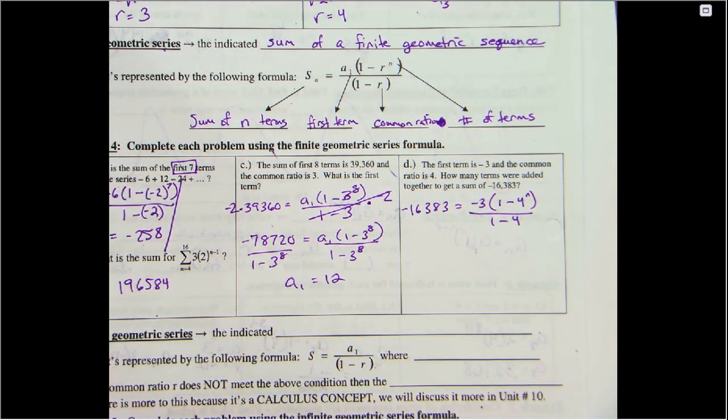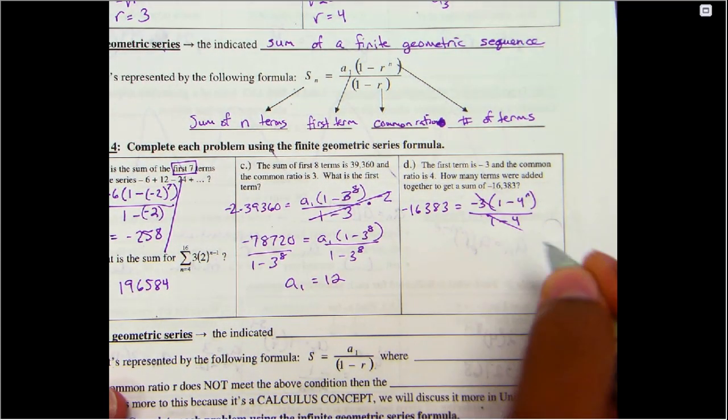So I set up in my formula, negative 16,383 equals negative 3 times 1 minus 4 to the n over 1 minus 4. So what do you notice here happens? What's 1 minus 4? So they cancel each other out.